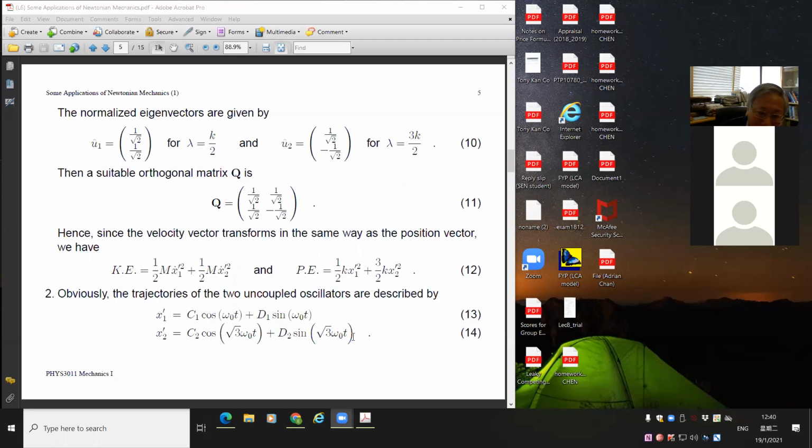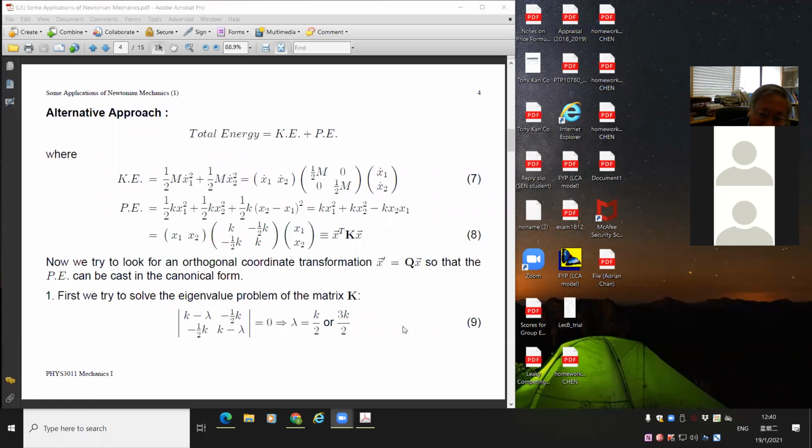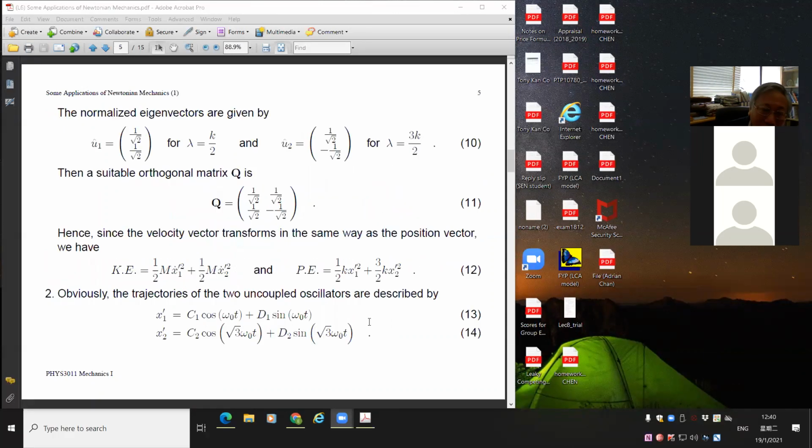All right. So for lambda equal to K over 2, we substitute it back into the two sets of equations. So K minus K over 2 times x1 minus 1/2 K x2 equal to 0. This is the normalized eigenvector corresponding to the eigenvalue lambda equal to K over 2.